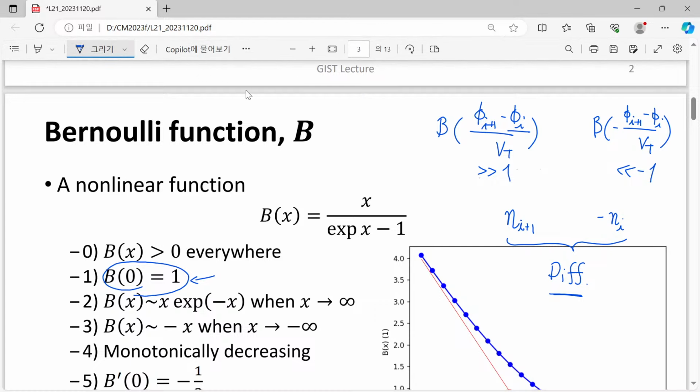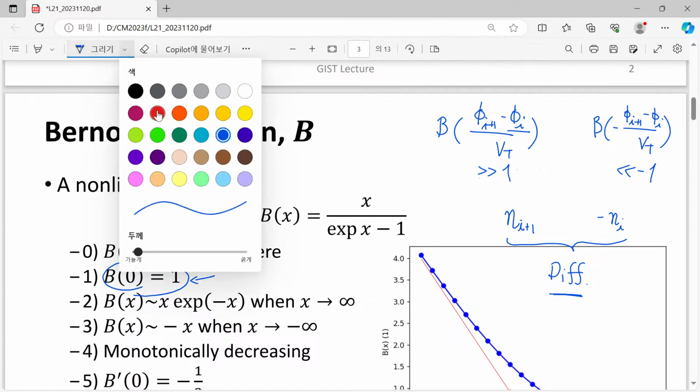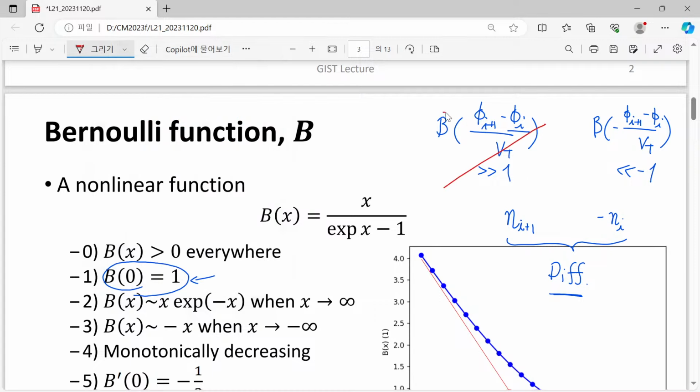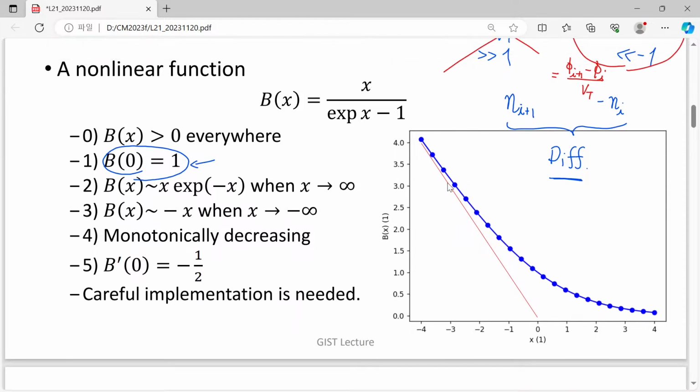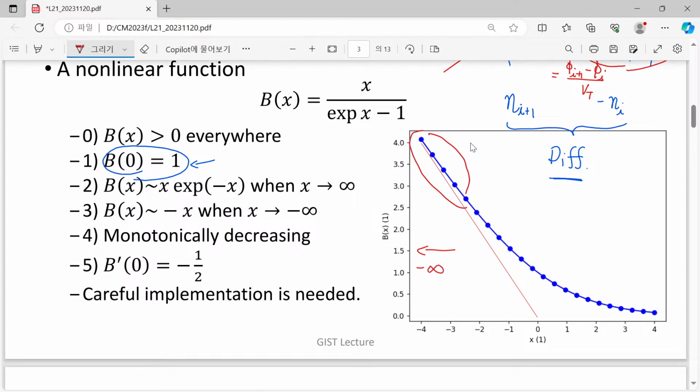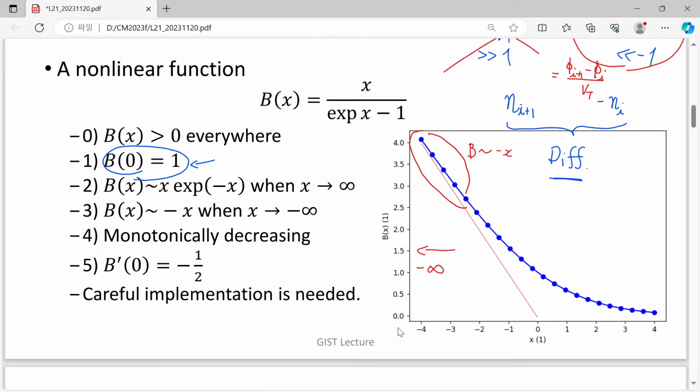In this case, the first one goes away, and this one just becomes minus phi I over Vt, because the asymptotic behavior of our Bernoulli function when approaching negative infinity is that it follows minus x for this limiting case.